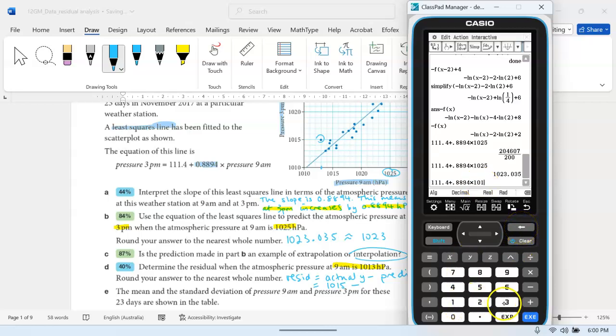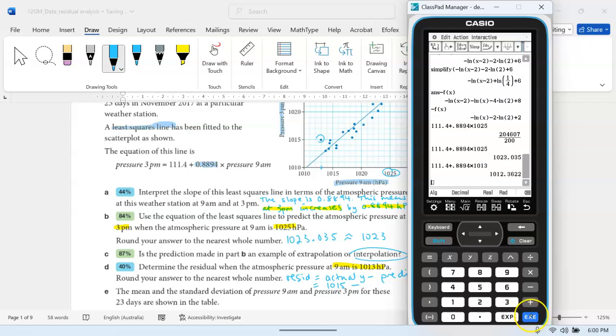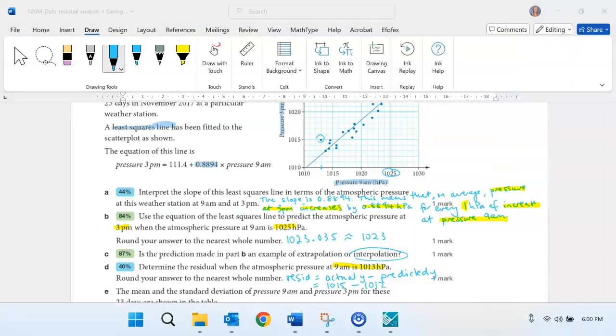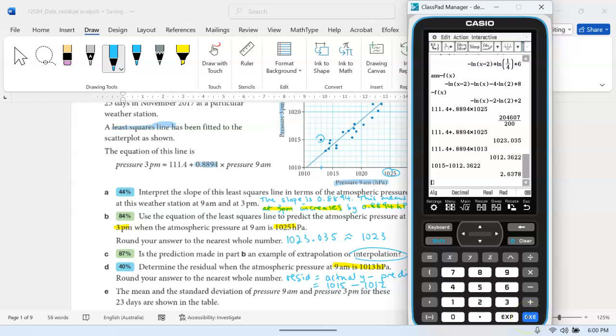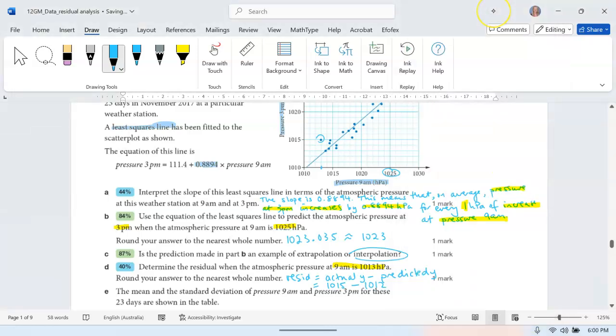So we want that 1013. 1012, we're doing it to the nearest whole number. So it's going to be 3. Don't really need a calculator for that, but let's just do it. I can drag that down all decimal places just to make sure it does round, so it rounds to 3.